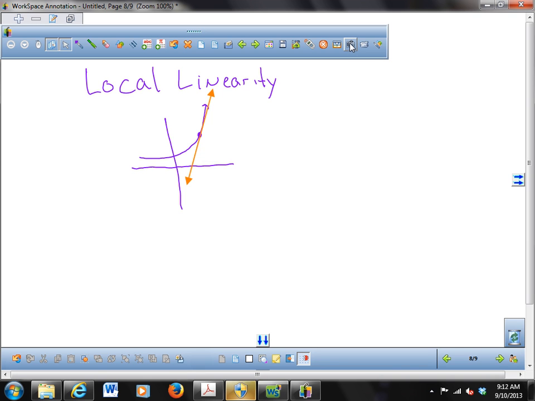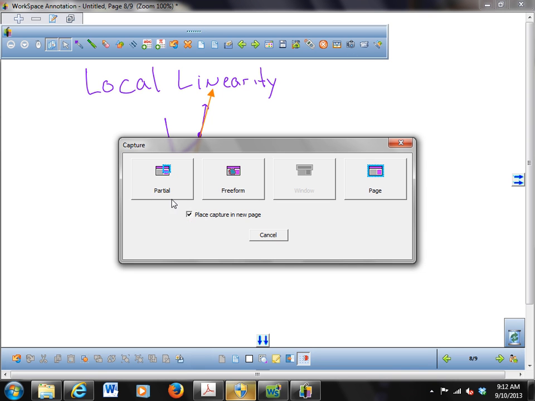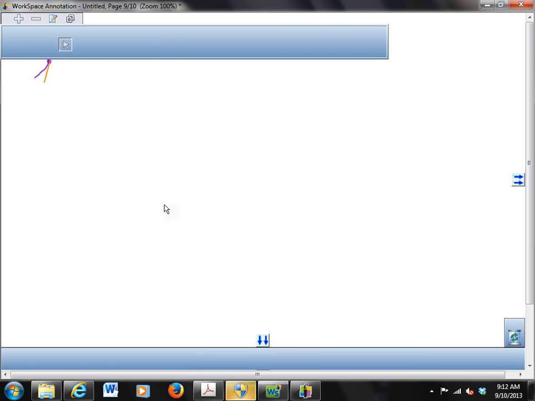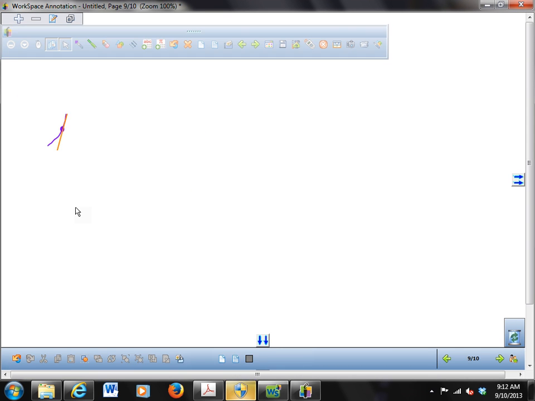If I were to zoom in on this little area right in here, it might appear that very close to this curve, what seems to be the case about this line and this curve? That they're the same. And that's the idea: when you get very close to a curve, the tangent line actually approximates that curve.